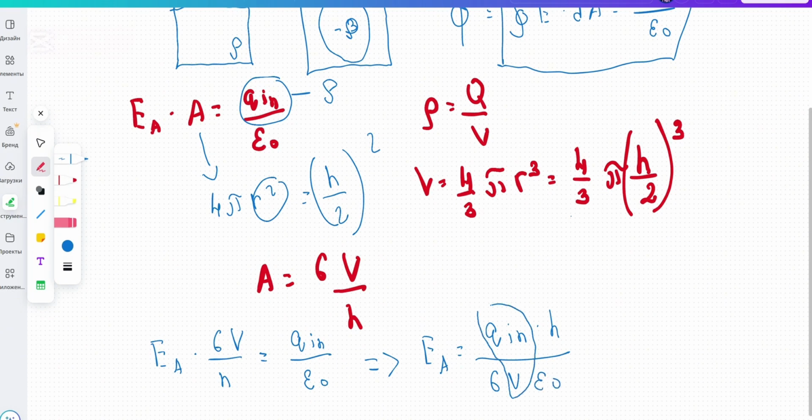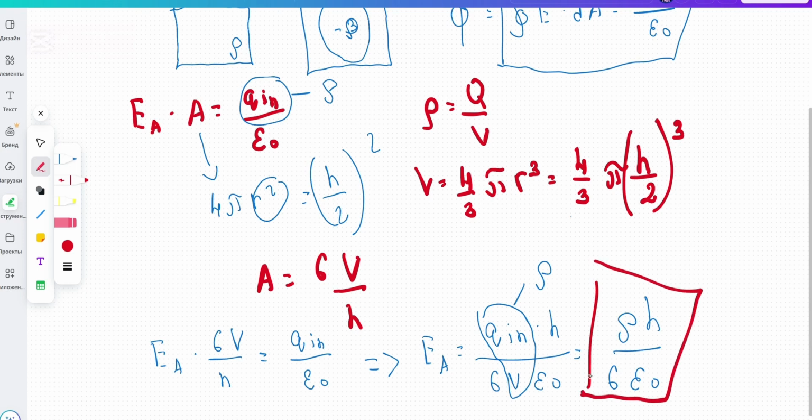This formula will give us charge density. So our formula will be rho h over 6 epsilon 0. So it's the answer for our electric field at point A.